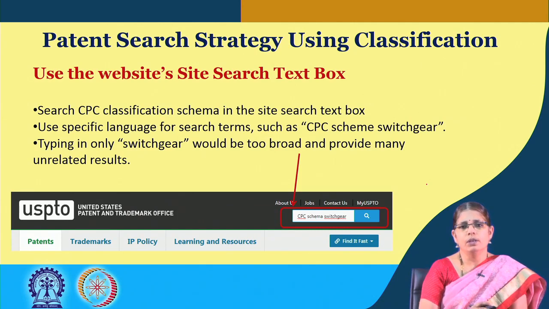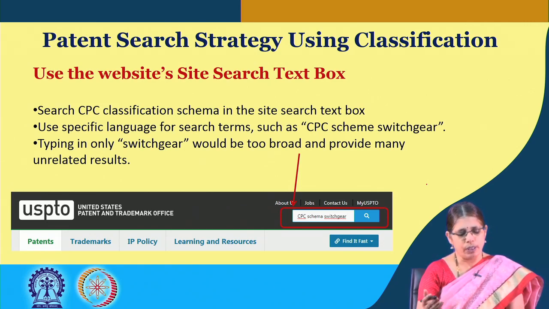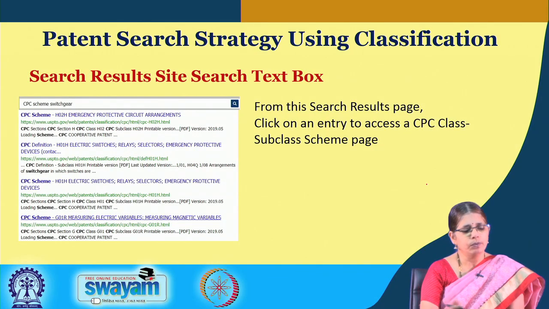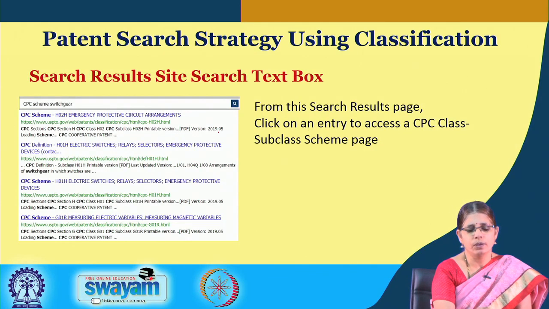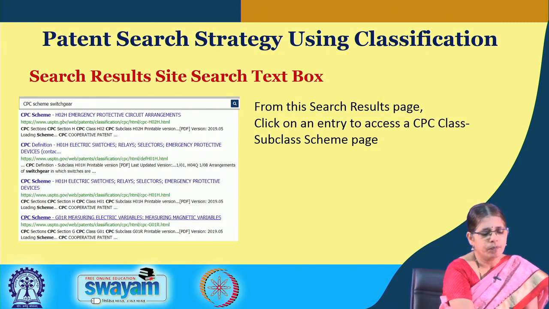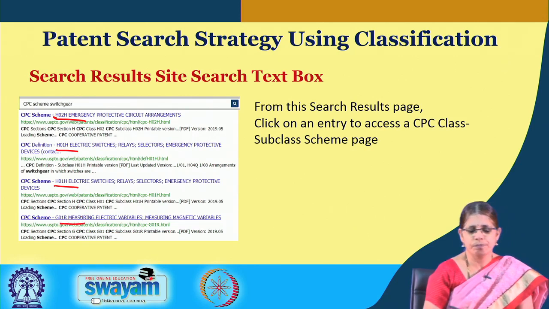Today, the tools are available such that the codes can also be taken out from the scheme. So, if you put CPC scheme switchgear into the window, one would get the different set of patents in relation to the CPC scheme. In this, if you can see, the different classes are represented already. So, you have H class and you have some in the G class.